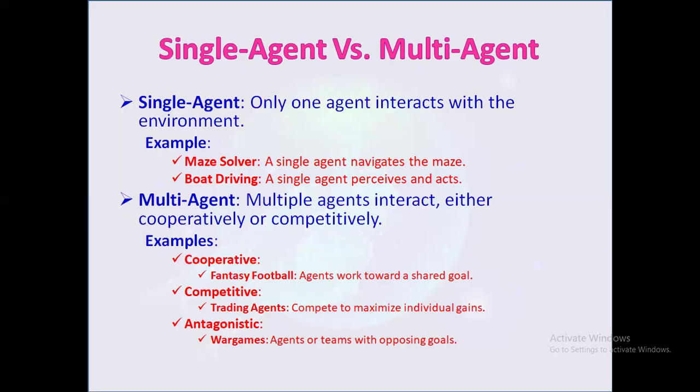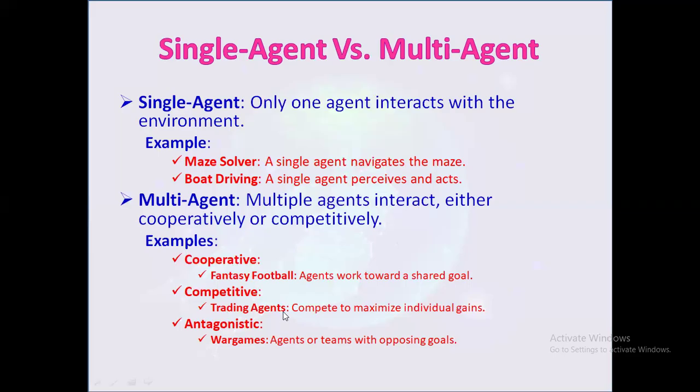The first example, a cooperative environment, is fantasy football, where multiple agent players work toward a shared goal, such as maximizing the team performance in the game. Competitive example, trading agents compete in the financial market to maximize individual gains, making decisions based on market data and the actions of the other traders.